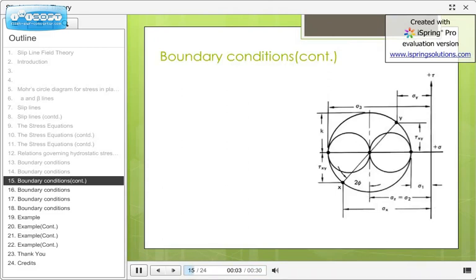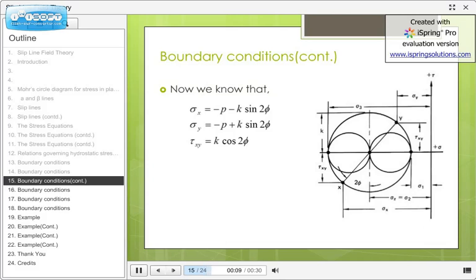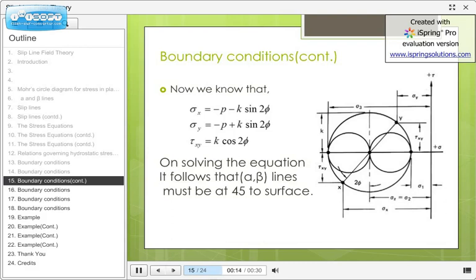Now from Mohr circle we know that sigma x equals minus p minus k sin 2 phi, sigma y equals minus p plus k sin 2 phi, and tau xy equals k cos 2 phi. Now from the above given boundary conditions, sigma y equals 0 and tau xy equals 0. Now if we put tau xy equals 0 in the third equation, we get phi equals plus minus 45 degrees.